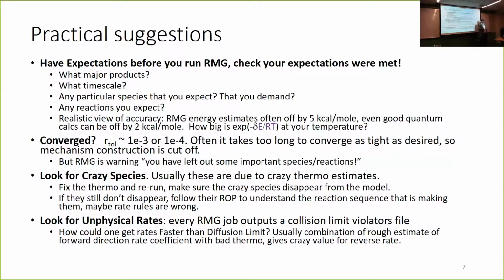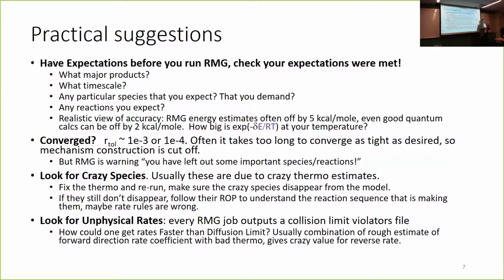Another thing that's very challenging for people is to have a realistic view of accuracy. In the literature, you'll see a lot of models that go directly through all the data points. Remember, whenever you see that, almost always somebody adjusted the model to make it go through the data points. They knew what the data points were, and they carefully adjusted their model to go right through those data points. That is not what you're doing when you're asking RMG to build a model.